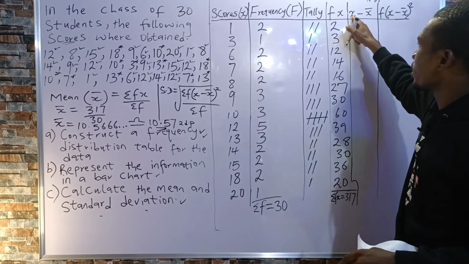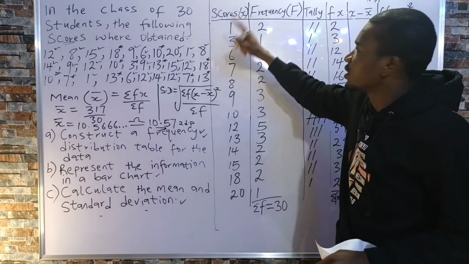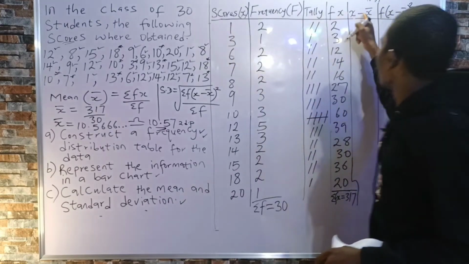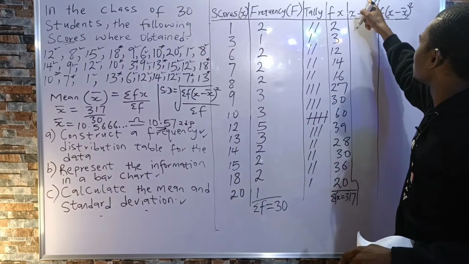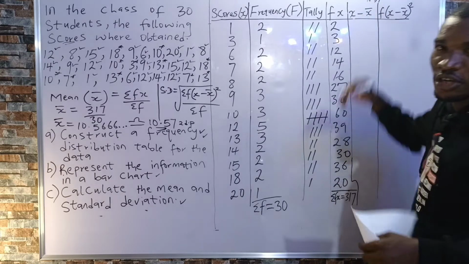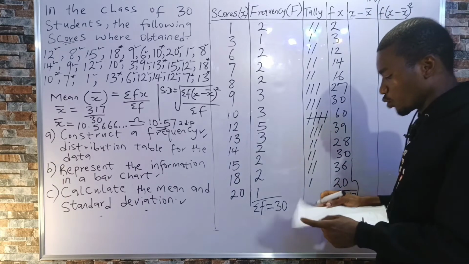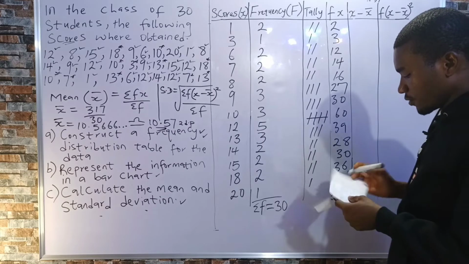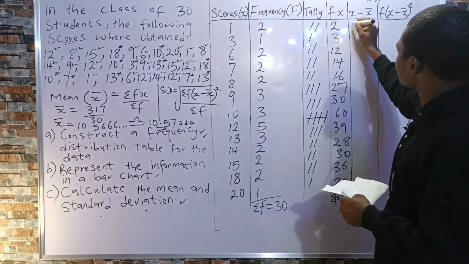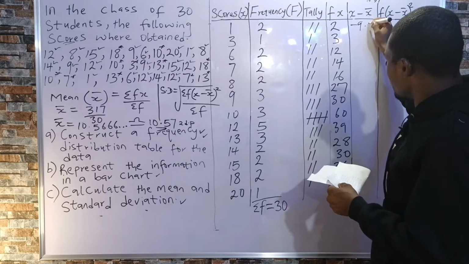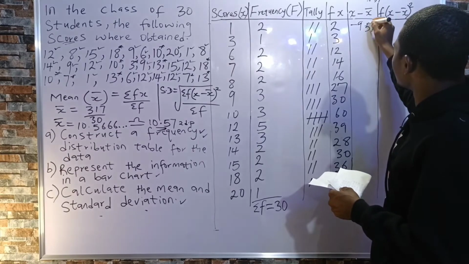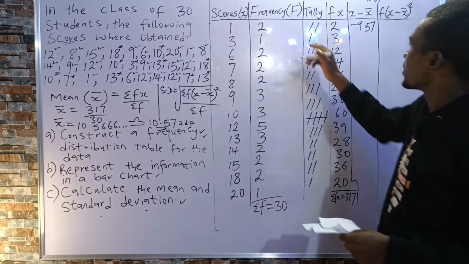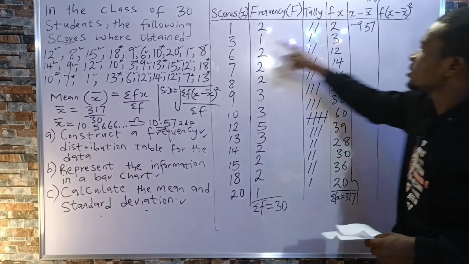So let's proceed with that. The first x we have is 1. I will then say 1 minus our bar x, which is 10.57. If you punch it with your calculator, you will have the value of negative 9.57. The same thing is applicable. Our next x is 3.